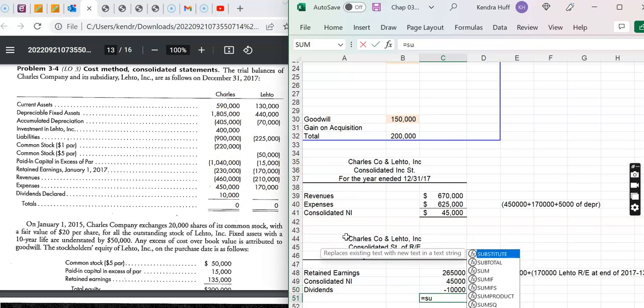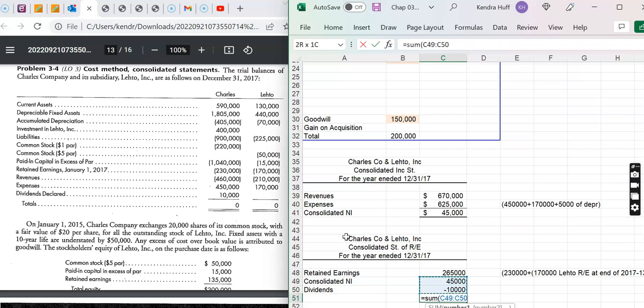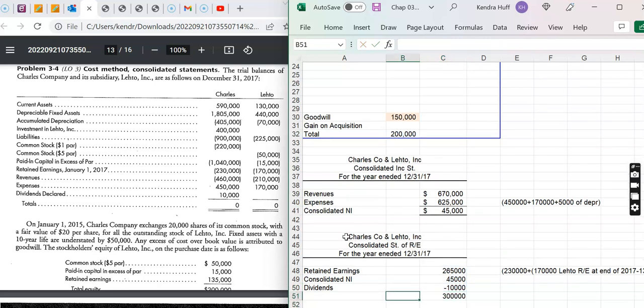So make sure you subtract them out. And that is retained earnings at 12/31/17. And this is what it would have been at 1/1/17.